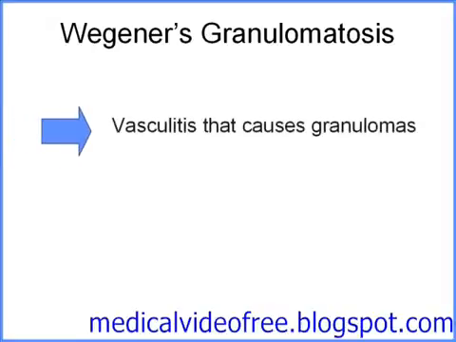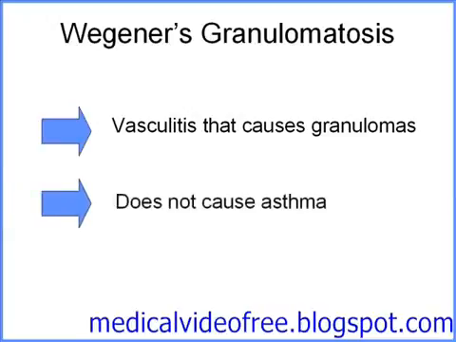So, as I mentioned earlier, if you have this vasculitis in small vessels and you also have evidence for granulomatous inflammation but no asthma, then Wegener's granulomatosis is the diagnosis.